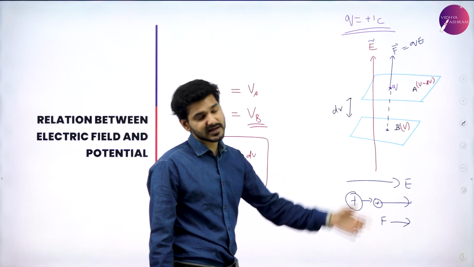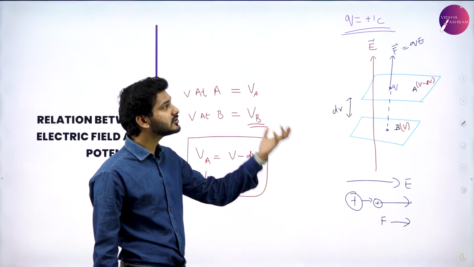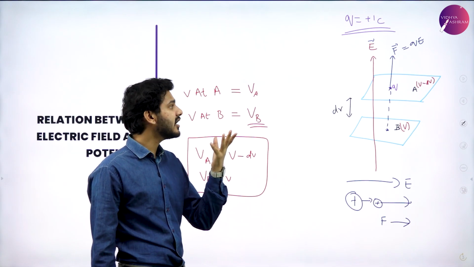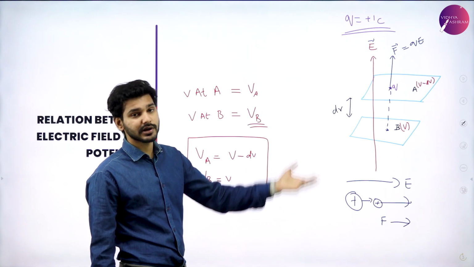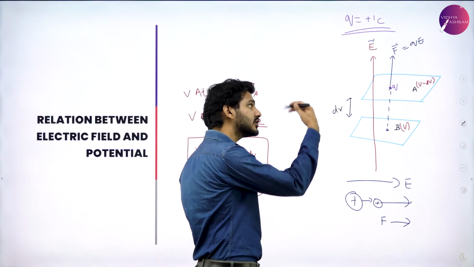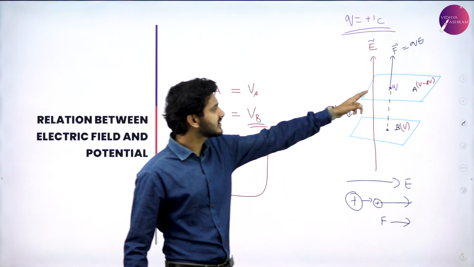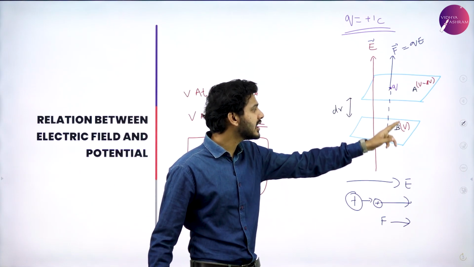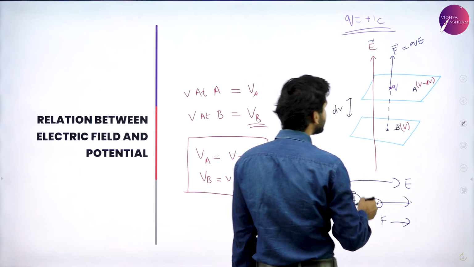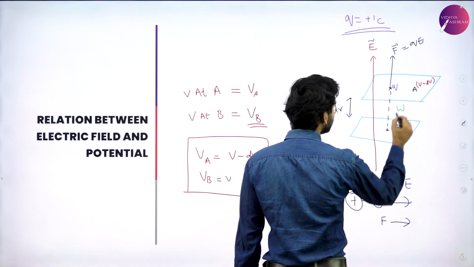Since Q is 1, the magnitude of the electric field is the force experienced at that particular point. So I have to do work in order to move this charge from point A to point B. That work is denoted by WAB.